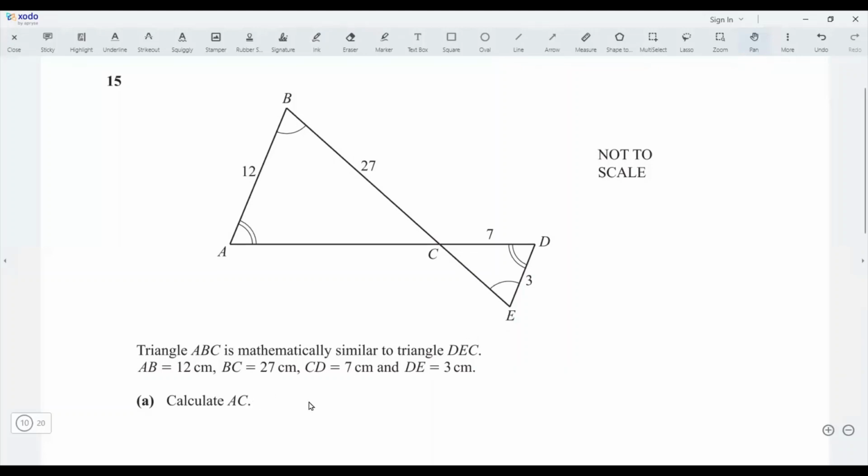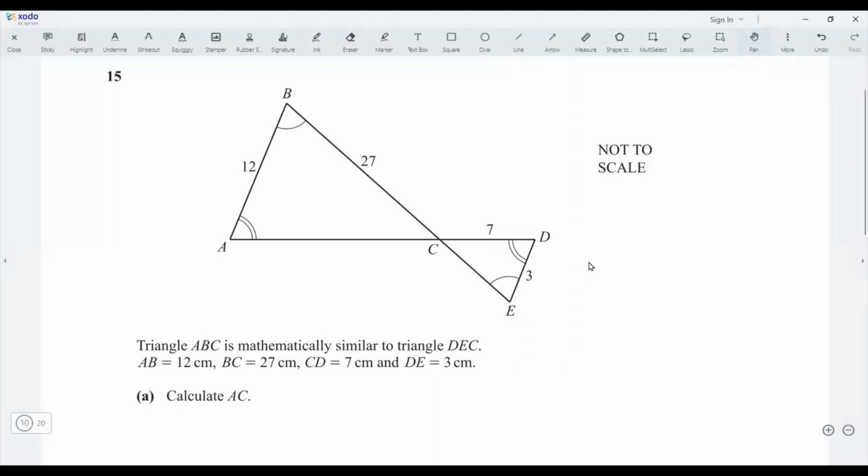So we have to find the AC length. Where is the AC length lying actually? So AC is basically here. AC is this line. So AC must have a ratio with 7 because A, C, and D are lying on a straight line.